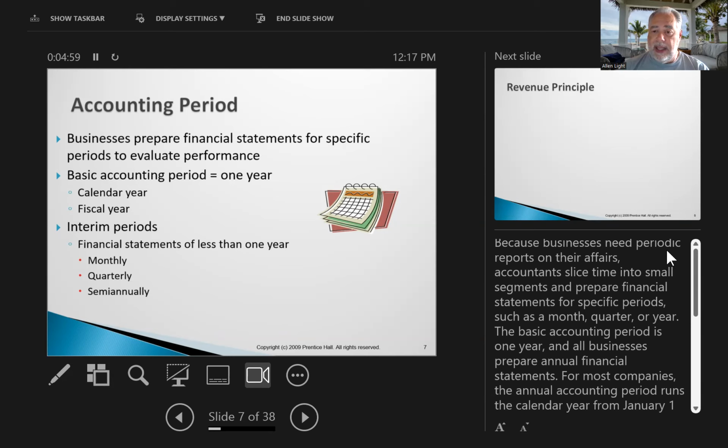So they don't want to have a new fiscal year, a new accounting year, in the middle of a school year. They want it to be in the middle of the summer when there's no school. So it's generally a year, but you have to keep track: is it a calendar year or is it a fiscal year?